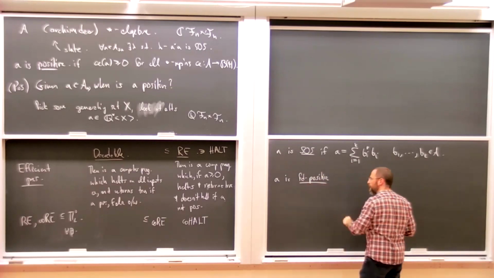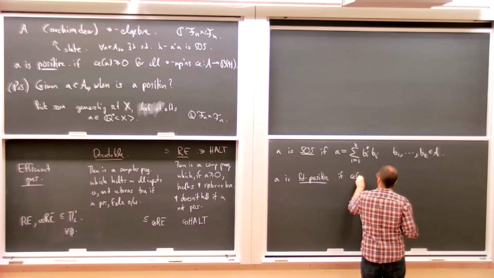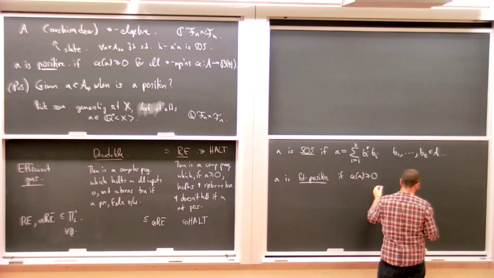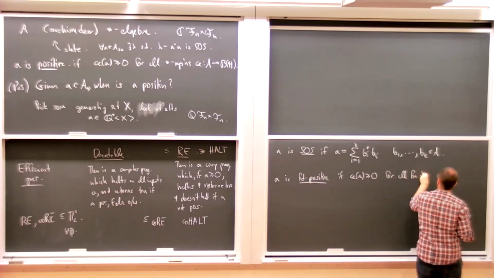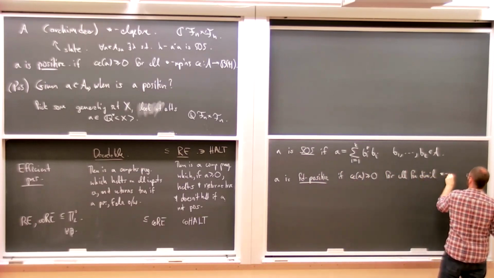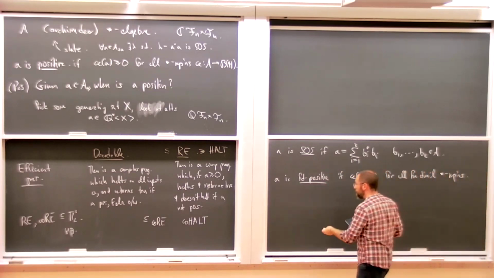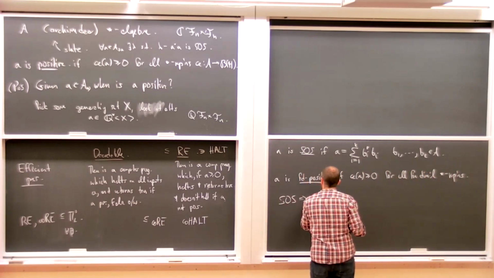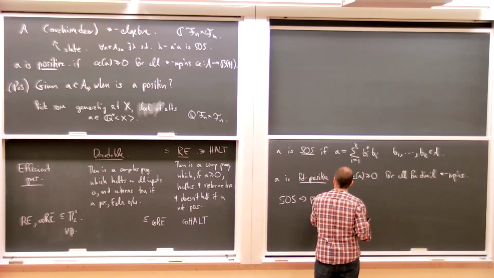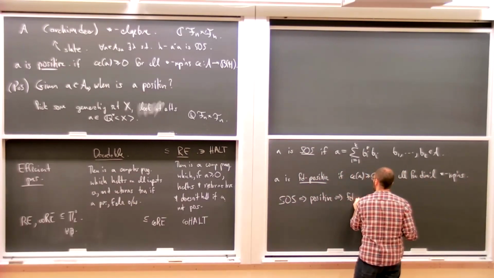Let's say it's finite dimensionally positive if phi(A) is positive for all finite dimensional star representations. Okay. So what we have is that if something is a sum of squares, then it's positive, clearly. And if something's positive, then it's finite dimensionally positive.